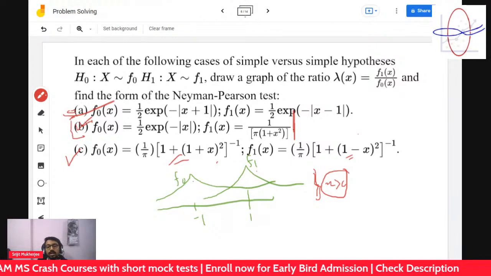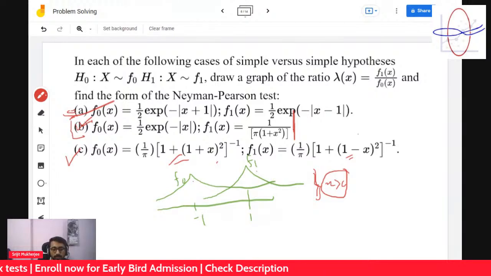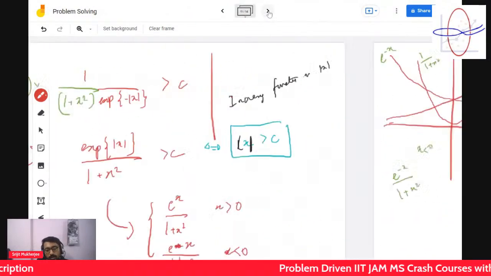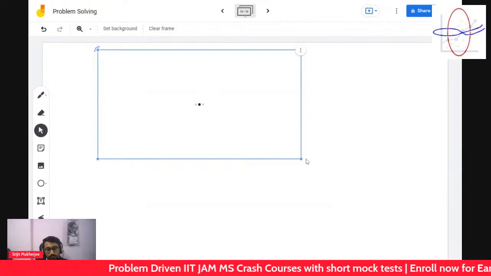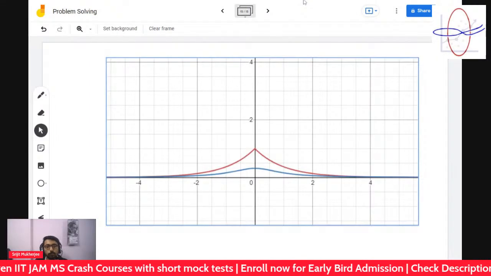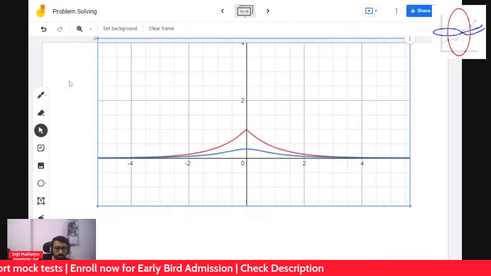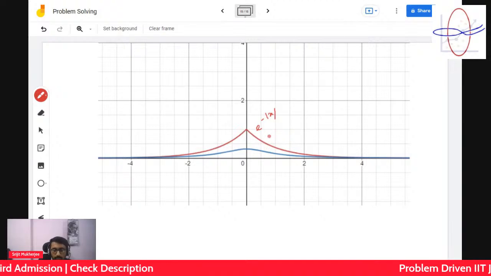You will now see how heavy tailed it is. So if you observe, the red one is exponential of minus mod x, and this one is 1 by pi, that stuff.